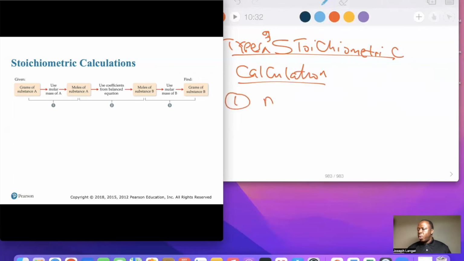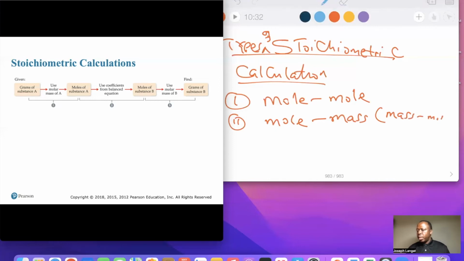There is mole to mole. We call this mole to mole calculation. There is mole to mass, and there is mass to mole. And then there is mass to mass.